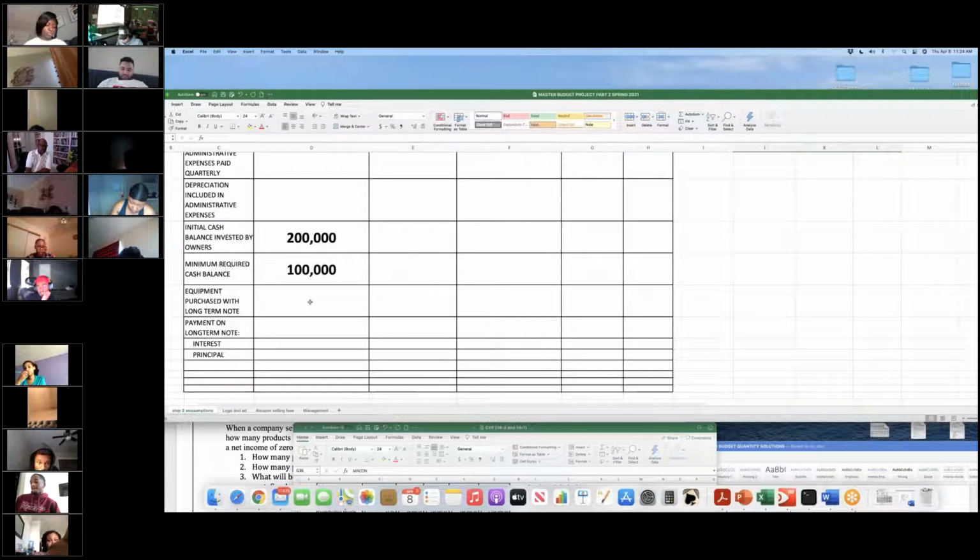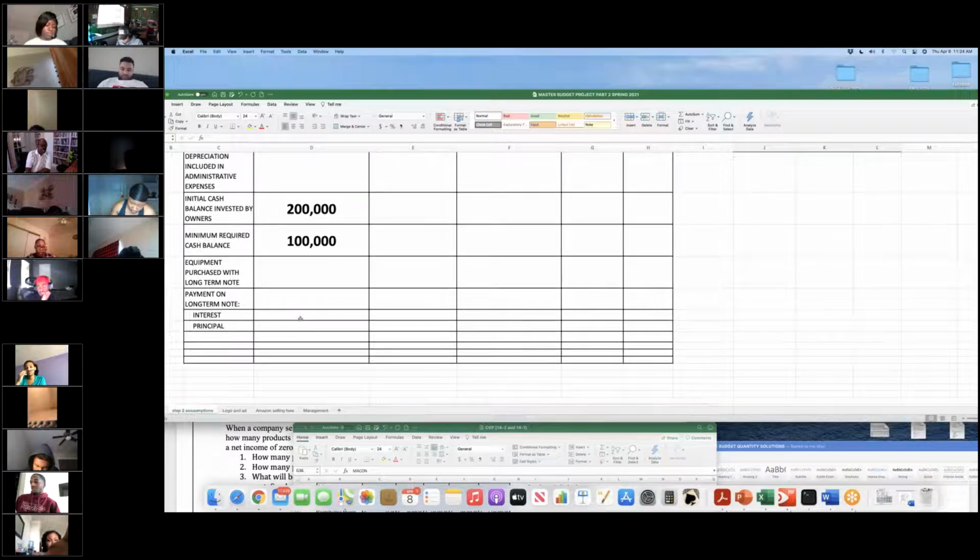You're purchasing the equipment with the note, so you're going to have down here also the monthly payments for interest and principal, and those will be equal amounts. And you'll be paying that note off over 5 years. So these are all the assumptions that you have.